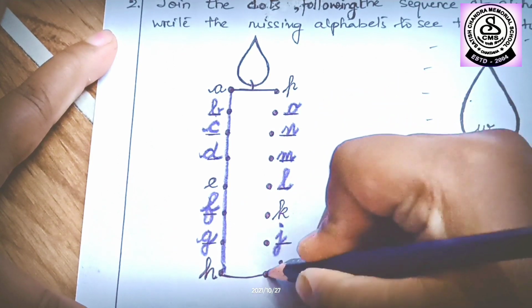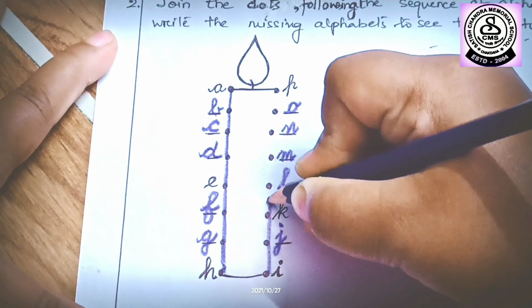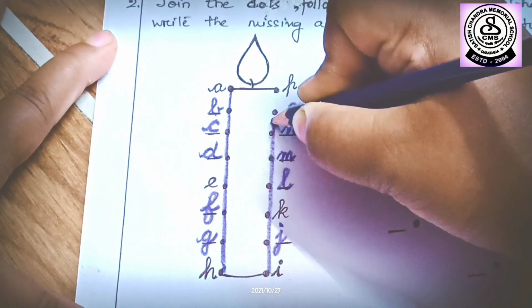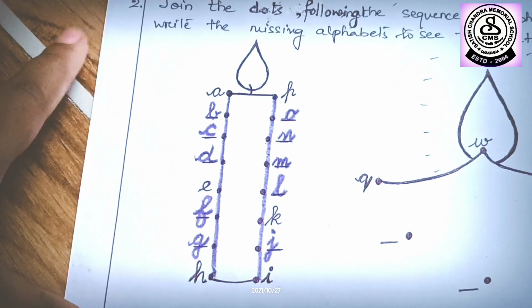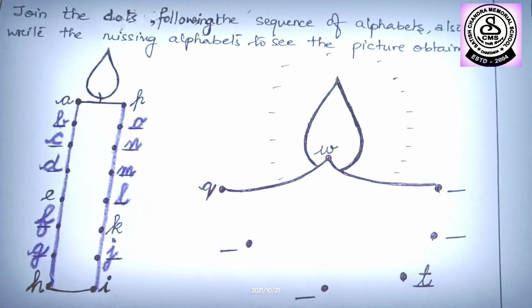So then I, J, K, L, M, N, O, P. Wow! Can you see what has been formed? What is this? It's a candle. Yes, it's a candle. Now let's see the next picture.